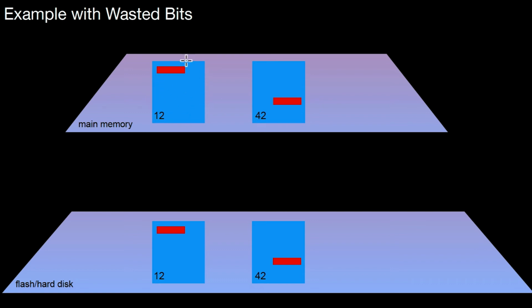The blue stuff is also sometimes referred to as cold data. So this is the cold data, all the blue stuff, all the data on the page that does not belong to that tuple is called the cold data. And this is the hot data, of course, this tuple. That's what we're interested in. That's hot. And the problem here is that we loaded a lot of cold data into main memory.